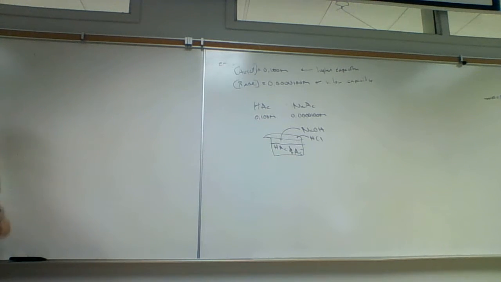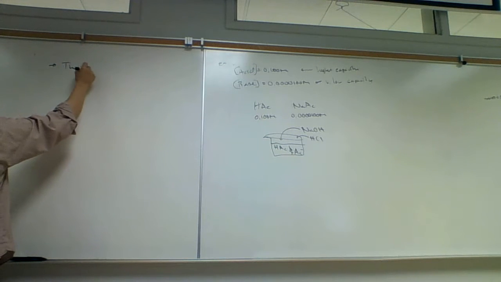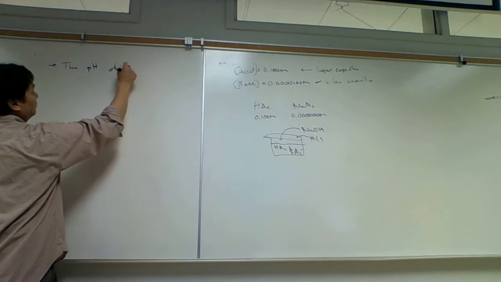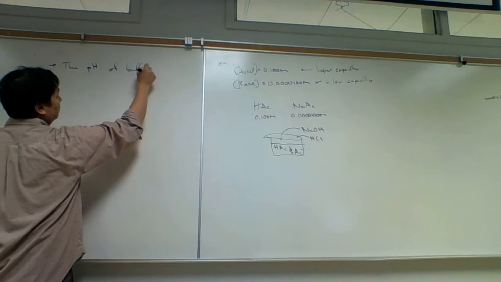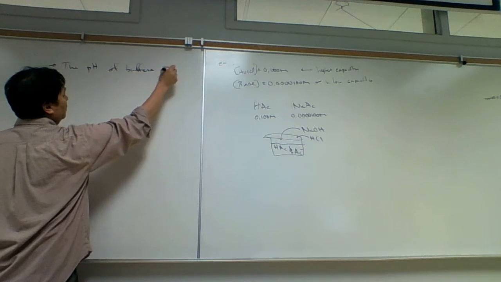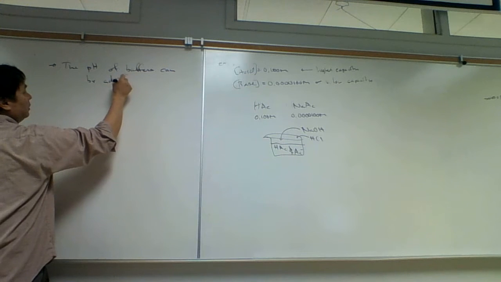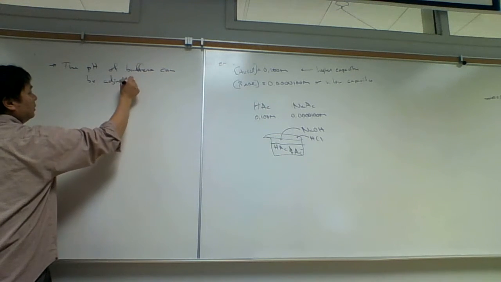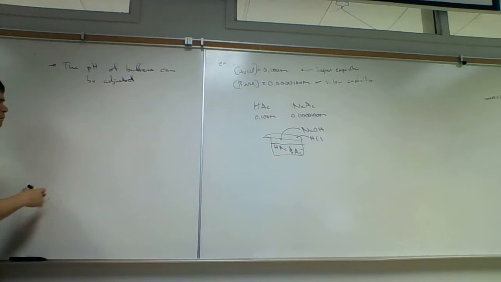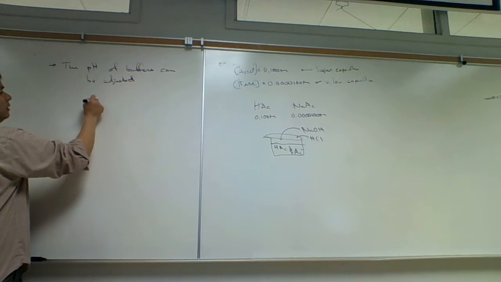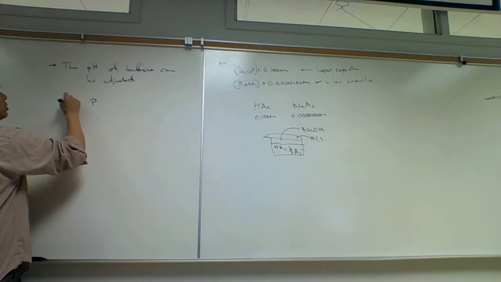All right, we aren't fixed at the ideal pH though. The pH of buffers can be adjusted. We just try to keep the range to the ideal pH plus or minus 1.